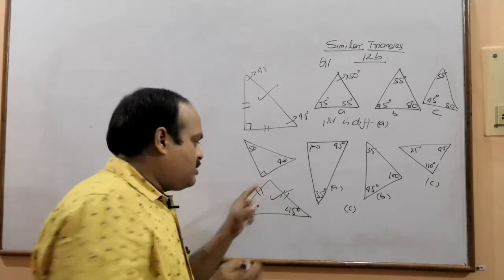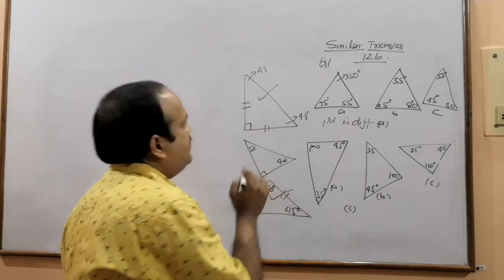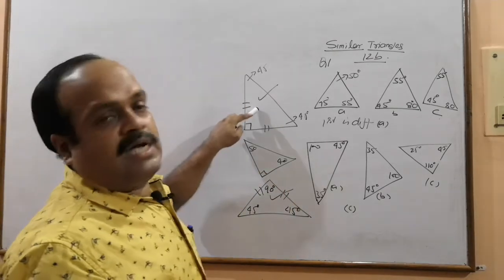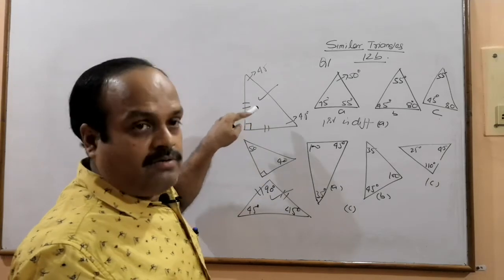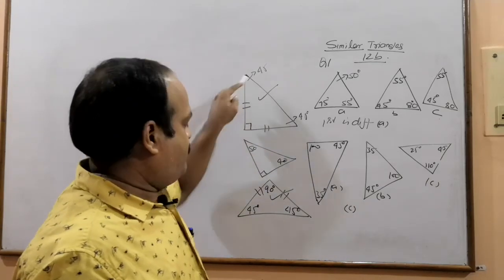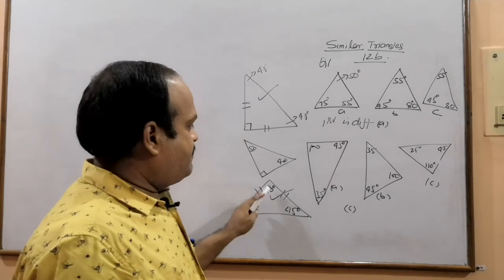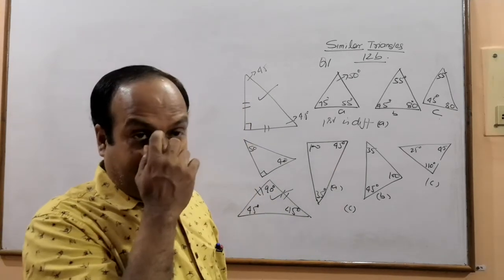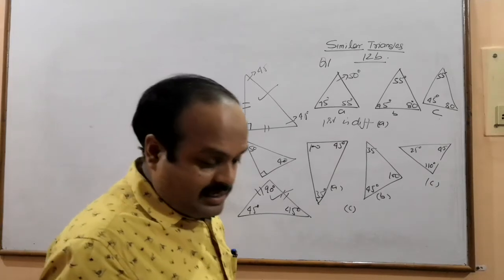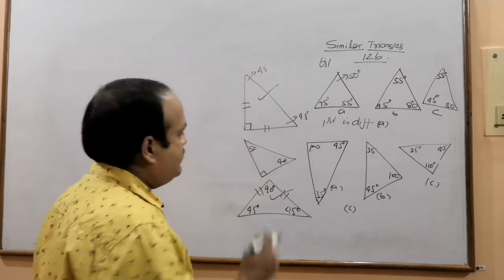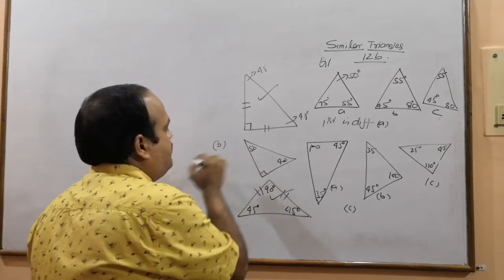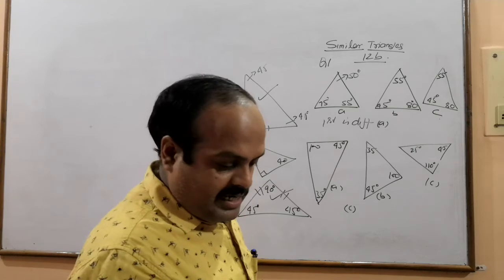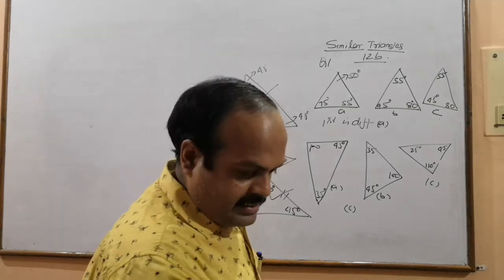Their sum is 90, so the third angle will also be 90, correct? So this triangle has angles 90, 45, 45, and here also 45, 90. So these two are the similar triangles. This one is a different one. So we will write the answer for this as B. Triangle B is different from A and C.